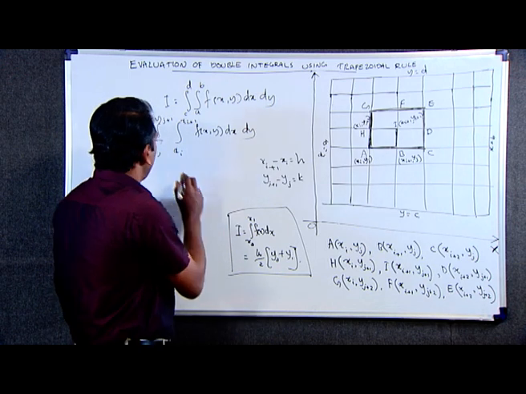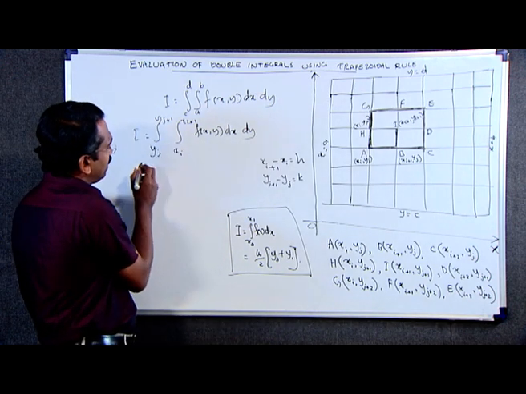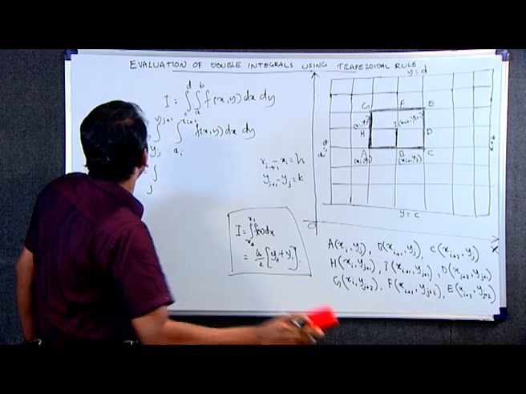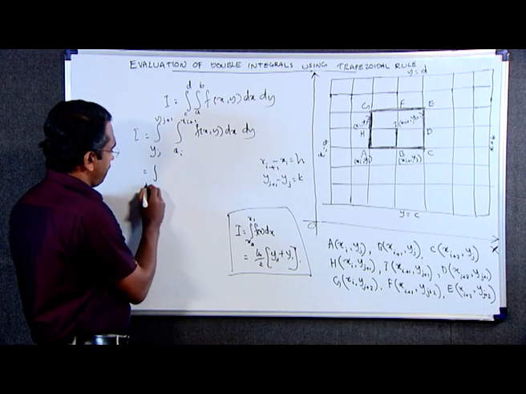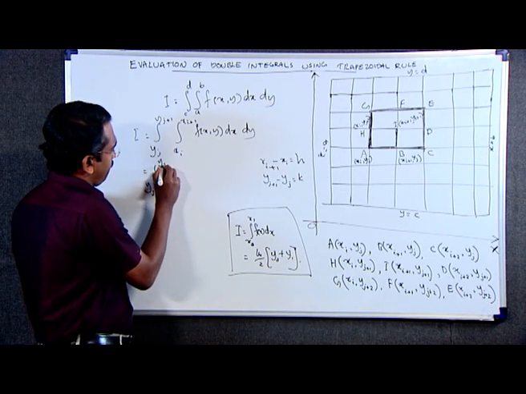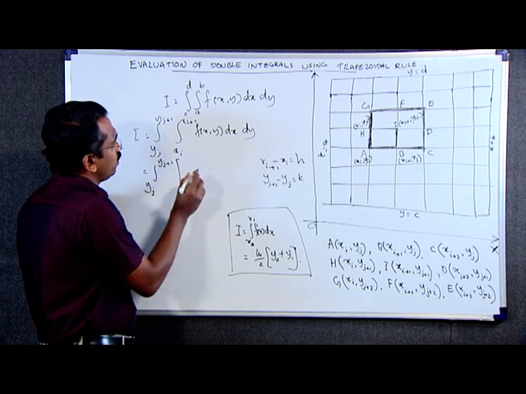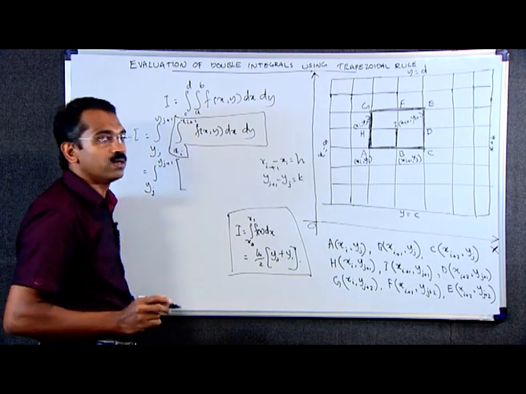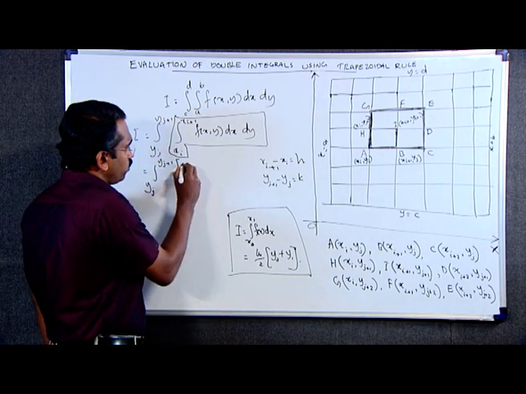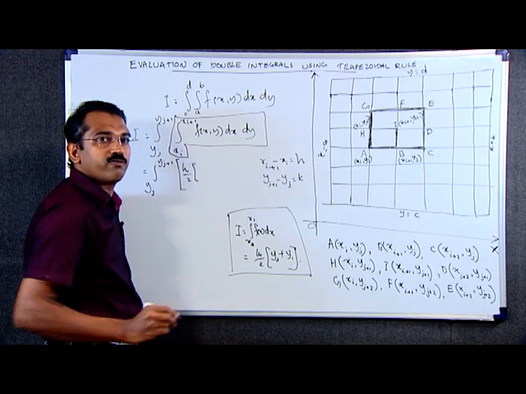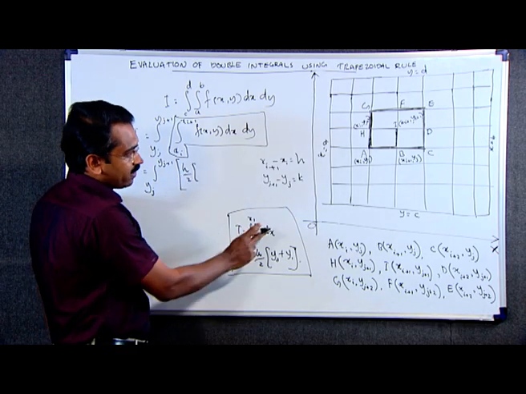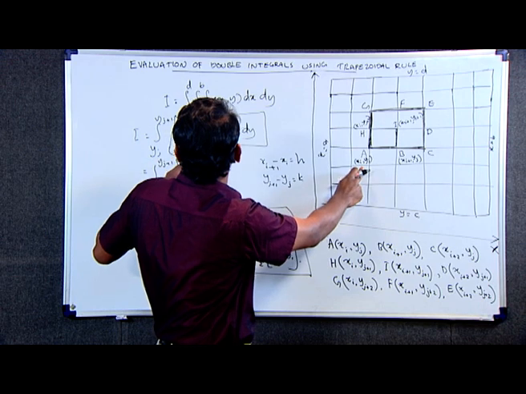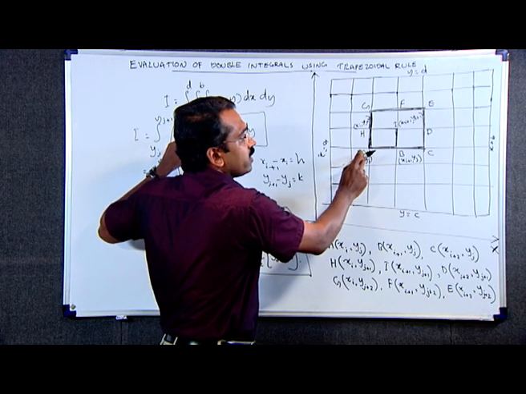Therefore, we can write this double integral as the integral from yj to yj+1 of, now we apply the trapezoidal rule for this inner integral, which is h/2 times f of (xi, yj), where xi to xi+1 means the interval from a to b.